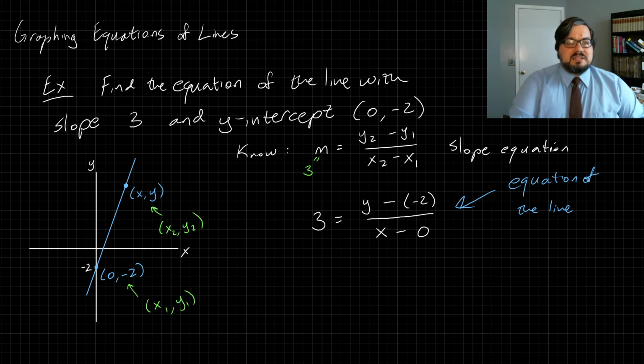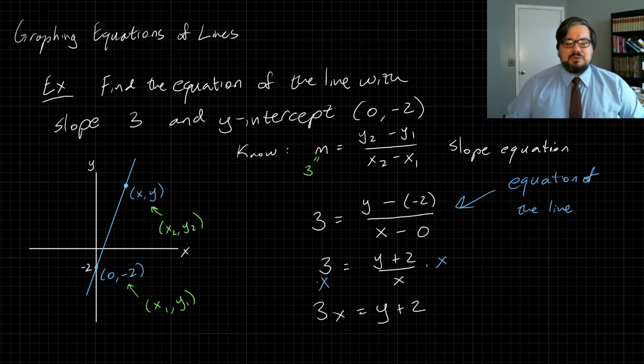Now, of course, this is not super useful right here. Let's go ahead and simplify this down a little bit. If we simplify this, we get that 3 is equal to (y plus 2) over x. We can multiply x on both sides and get 3x equals y plus 2.